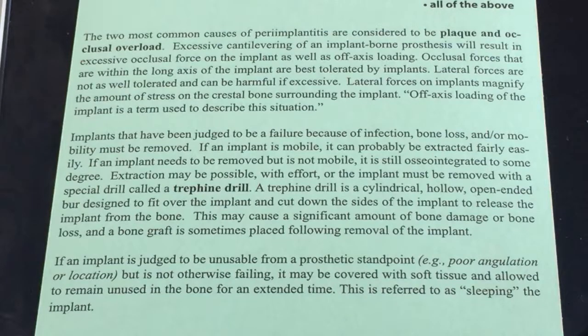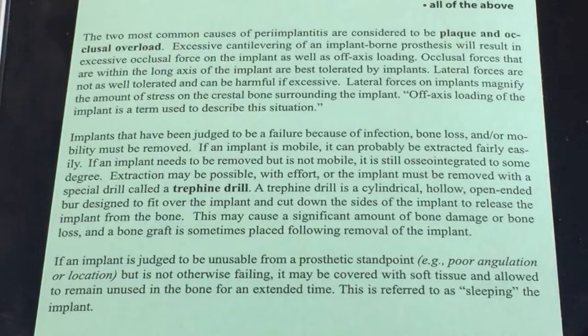Lateral forces are not as well tolerated and can be harmful if excessive. Lateral forces on implants magnify the amount of stress on the crestal bone surrounding the implant. Off-axis loading of the implant is a term used to describe this situation.